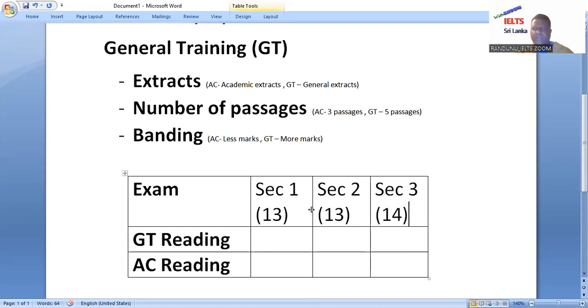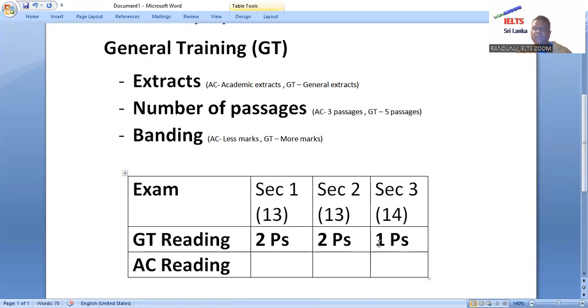Sometimes I cannot tell exactly; one of them is 14, the others are 13. If you are doing general training, section 1 has 2 passages, section 2 also has 2 passages, and section 3 has only one passage.